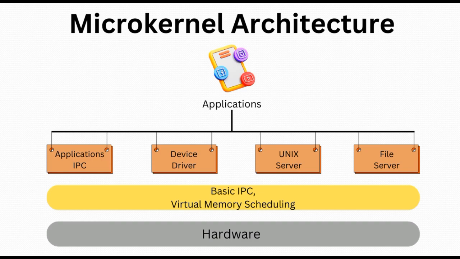The main function of the microkernel is to provide the communication facility between the client program and various services that are also running in the user space. So this is the user space.